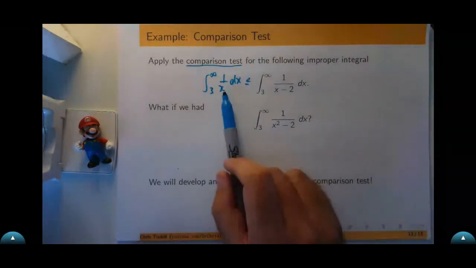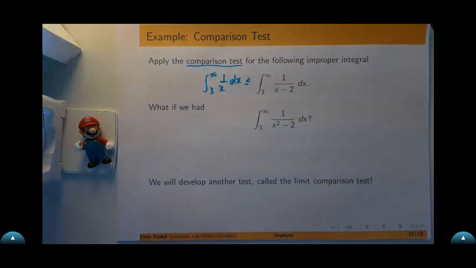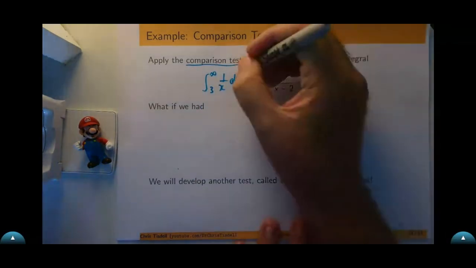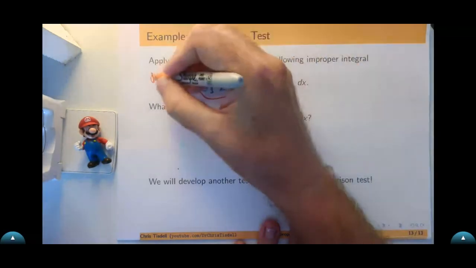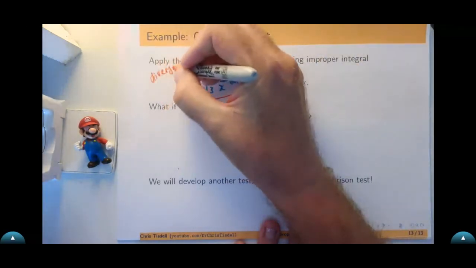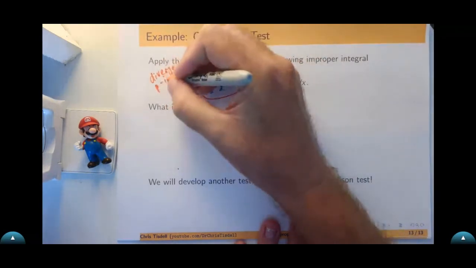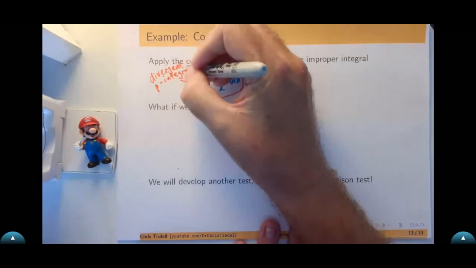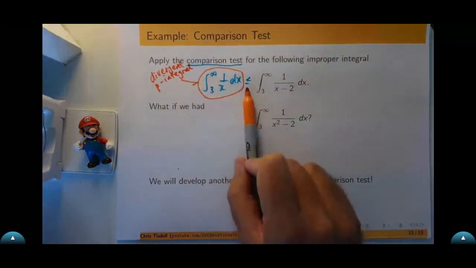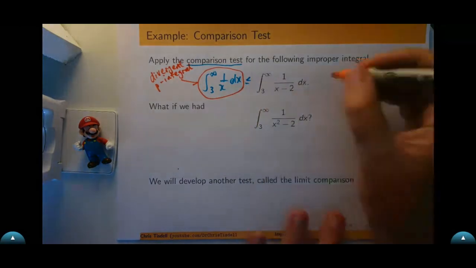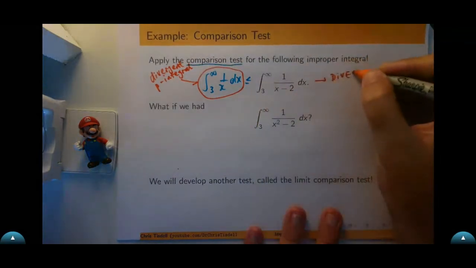This is helpful because the integral on the left-hand side is a divergent P integral. That goes off to positive infinity, and because of that, this must diverge.